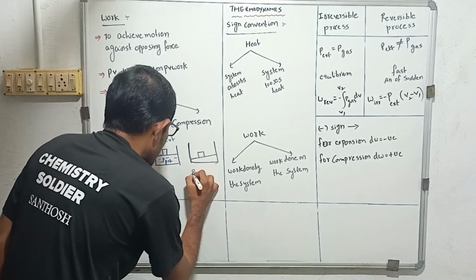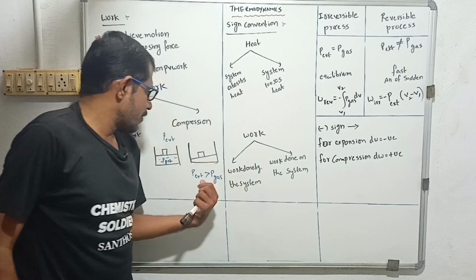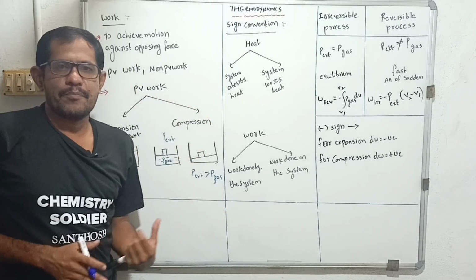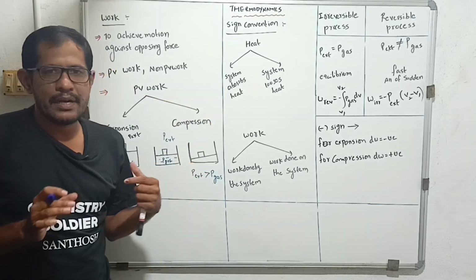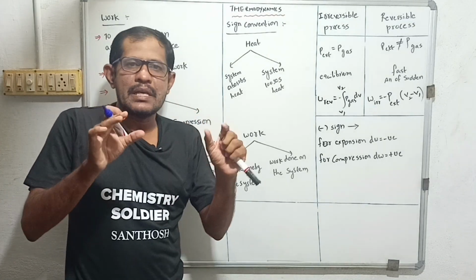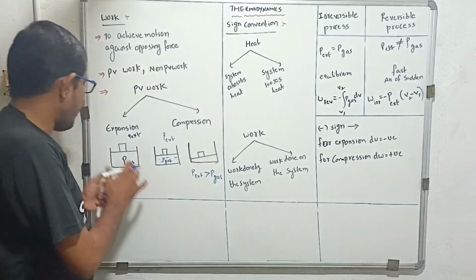We say P external is greater than P gas. If P external is greater than P gas, then compression of the gas happens. One thing is important: if the examiner mentions in the question that P external is more than P gas, then compression will happen.